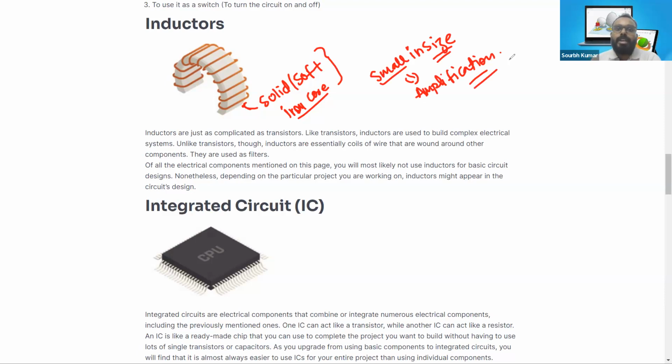On this page, you most likely will not use inductors for basic circuitry design, unless depending on the particular project. Some of my projects utilize the application of inductors. Suppose you are working on a sustainable model or going for green energy.